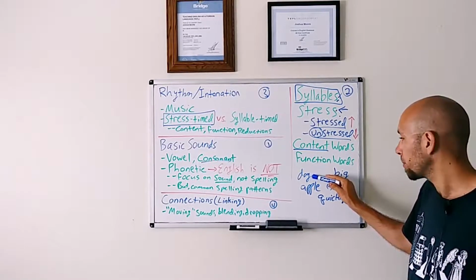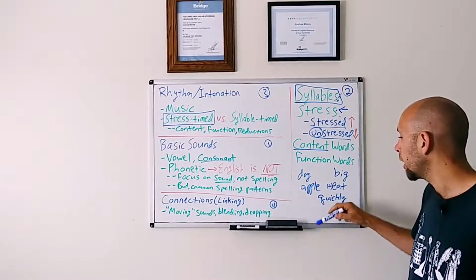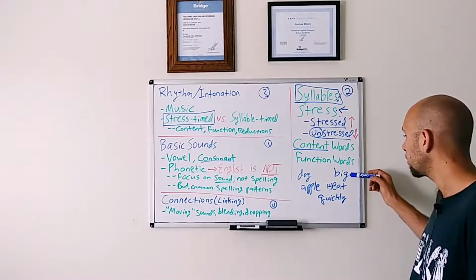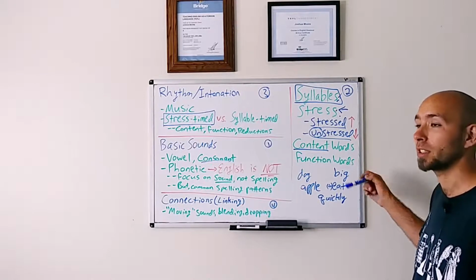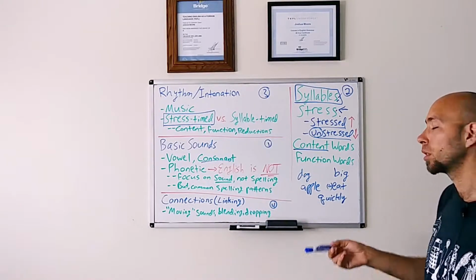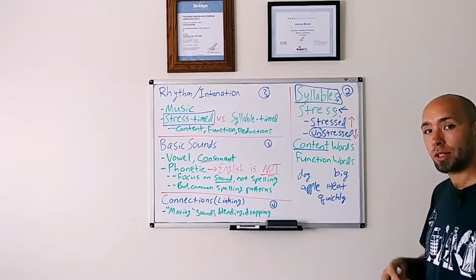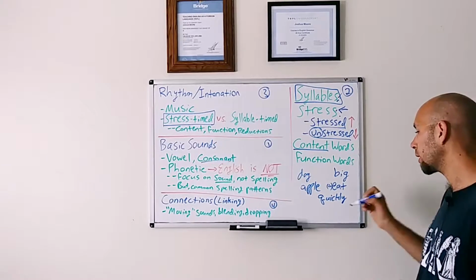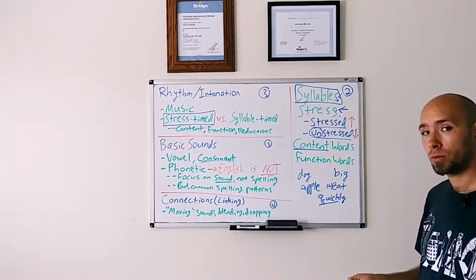It's a noun, right? Okay, dog. Apple, it's a noun. Big, that's an adjective, right? A word that describes. Eat, of course, that's a verb. Quickly, so quick is an adjective, right?